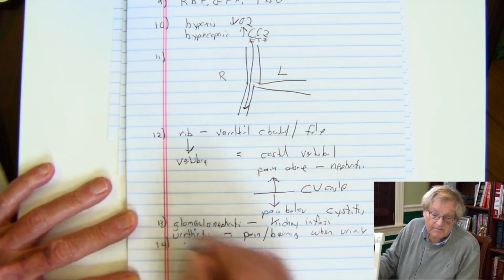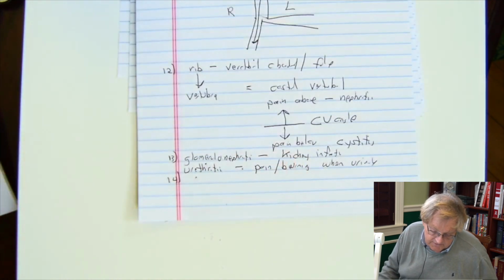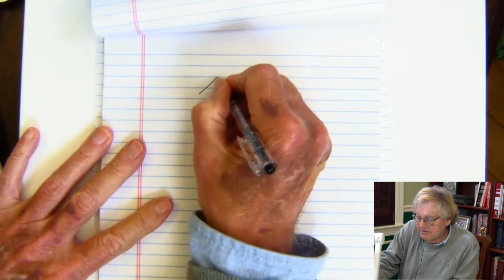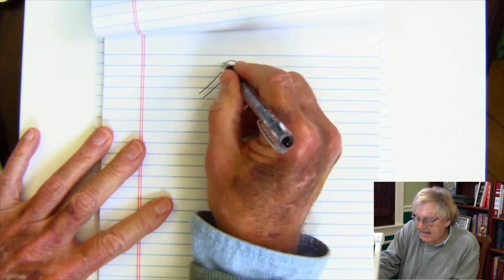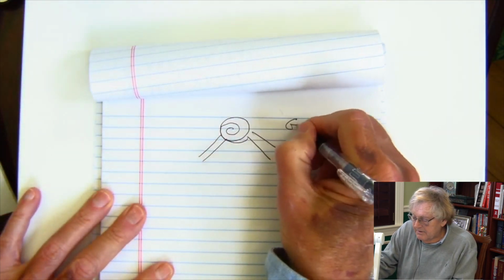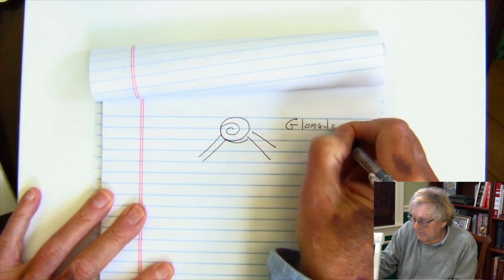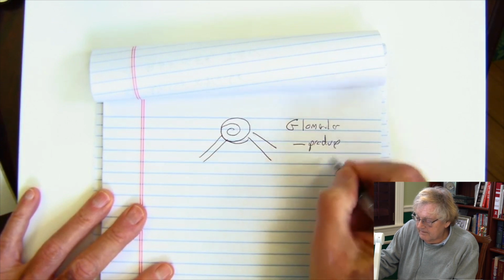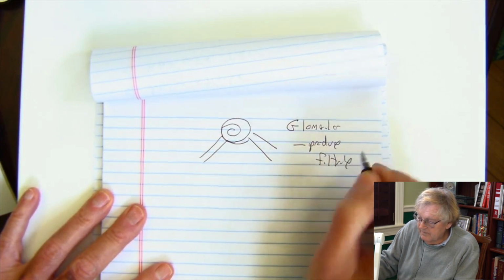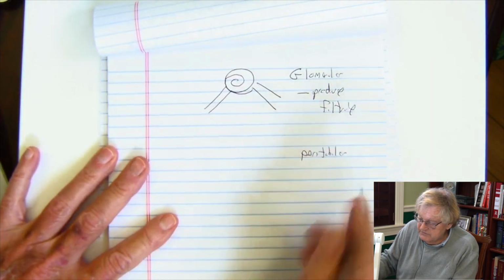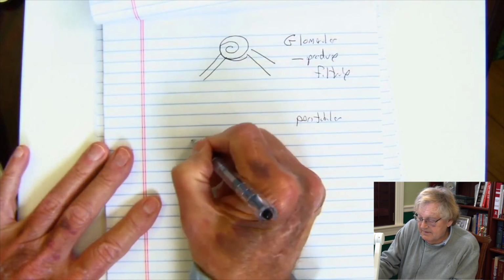Number 14 is understand the function of the peritubular and glomerular fenestrated capillaries. Just remember, the glomerular capillaries are the ones that are coming off of the afferent arteriole into the efferent arteriole. So these are my glomerular capillaries. And those glomerular capillaries are going to produce filtrate. My peritubular capillaries, which we just talked about, are the ones on the nephron.